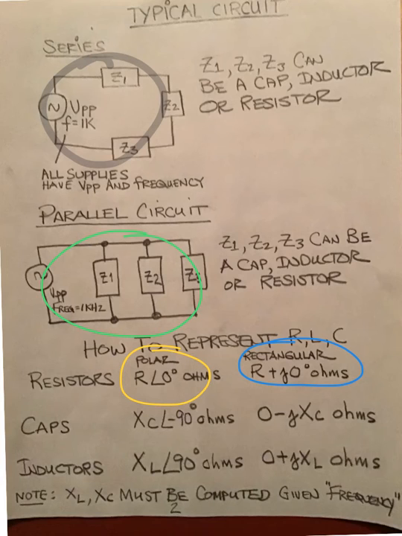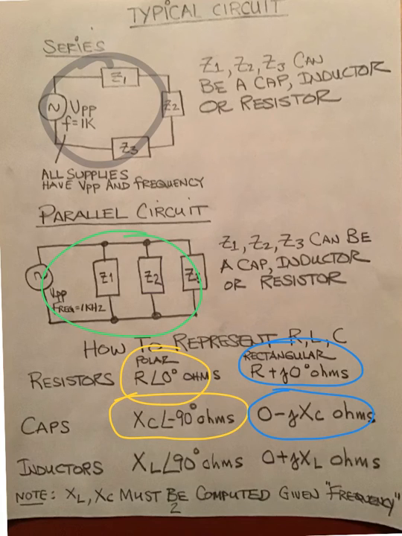So, capacitors, every capacitor that we will look at will always have a phase angle of minus 90 degrees tied to the ohms that you have converted. And if you want to use it in rectangular, the blue 0 minus j X sub C ohms works for you. You want my recommendation?